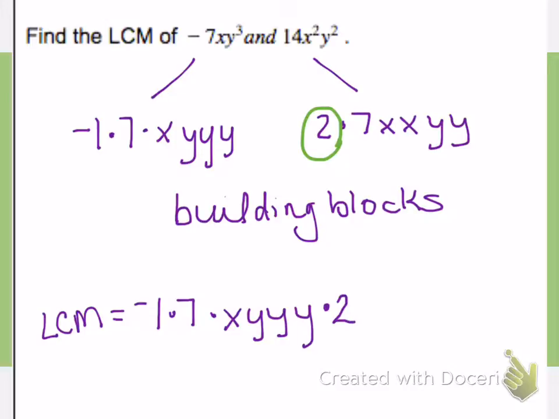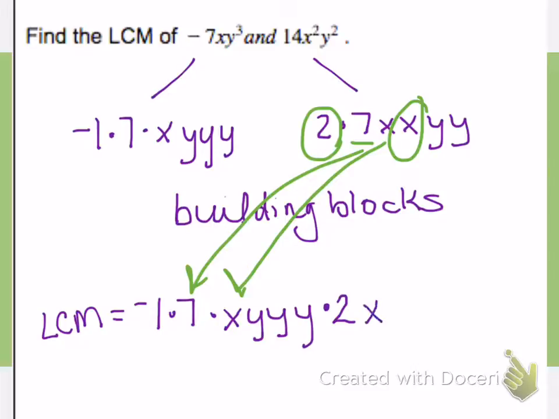I do already have a factor of 7, that's already taken care of. I have 1x, but I would need another one to contain the second value. So I want to put in a second value of x. And I have 2 values of y, and so those are already taken care of. Then I just multiply everything together.